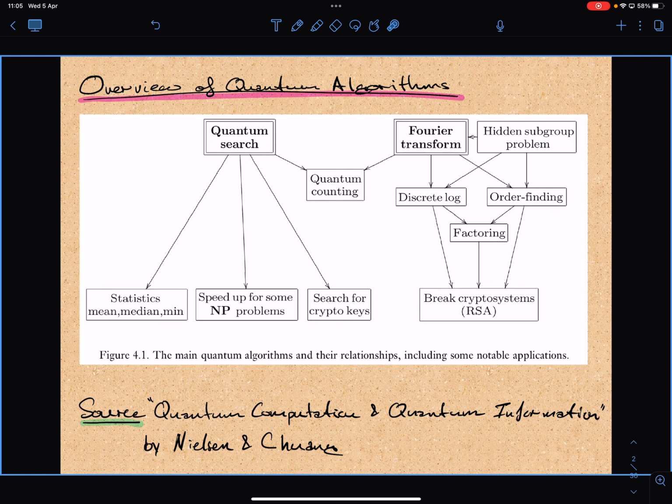And for quantum search, we have some algorithms. In this case, the speedup is actually just quadratic instead of exponential. So it's not as good as factoring, but it is an improvement.